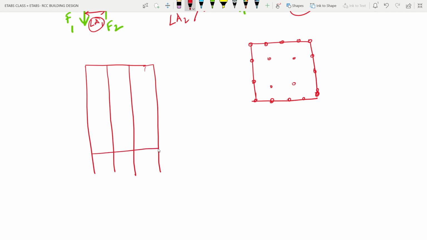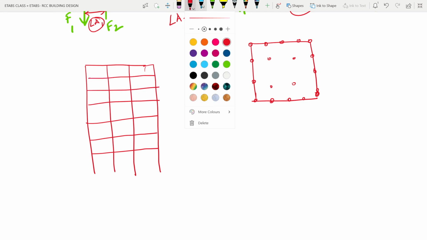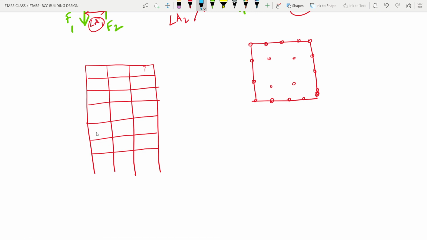Let me just draw some floors. So how it was solved, they have drawn some trusses or cross bracings like this, to decrease the number of columns and to have a proper distribution of the force.